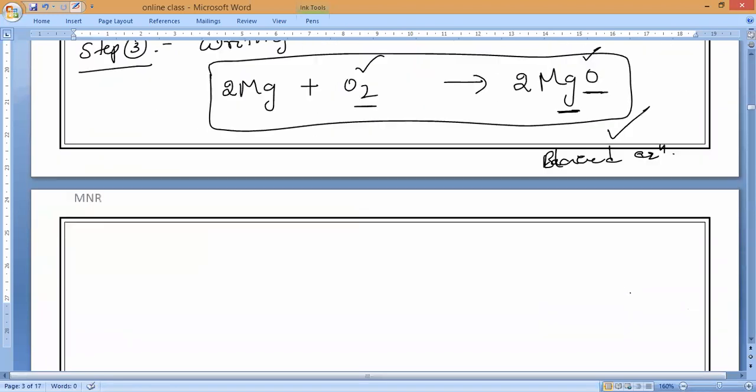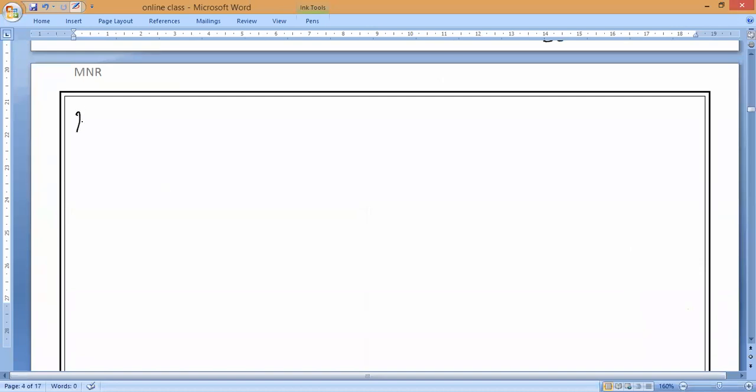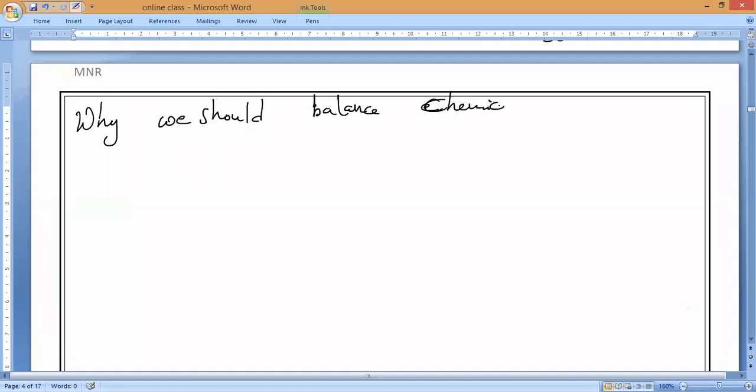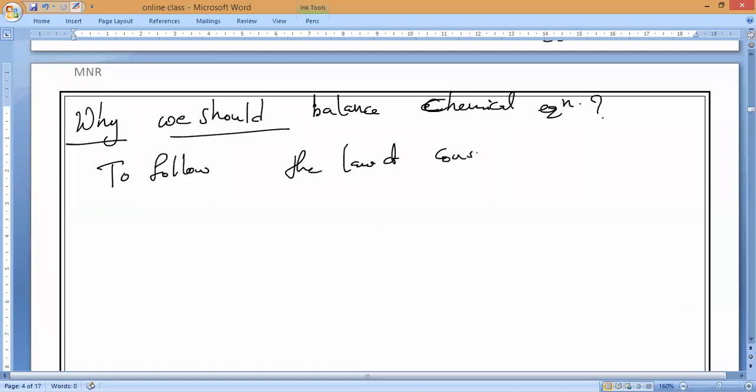Now, the important question: why should we balance the chemical equation? What is the importance? To satisfy the law of conservation of mass.